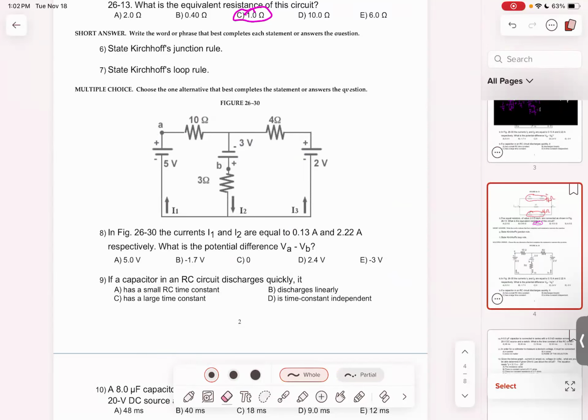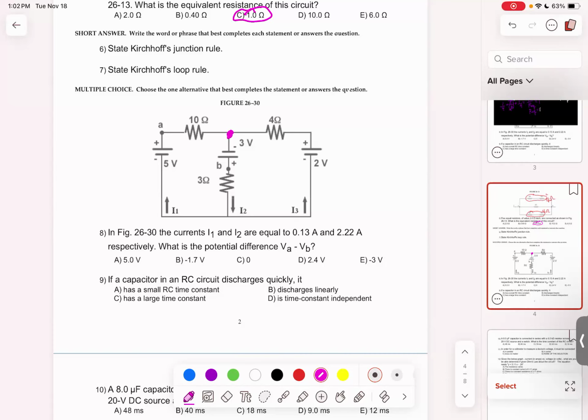So the junction rule means that at a node, in other words, where we have a split of current, the current in is equal to the current out.